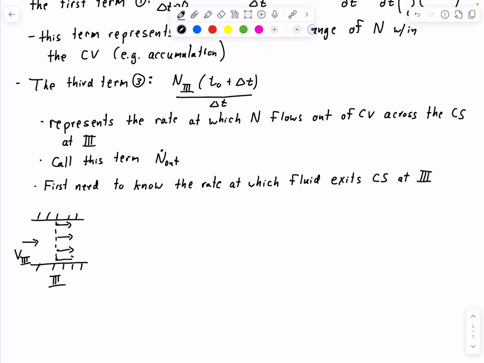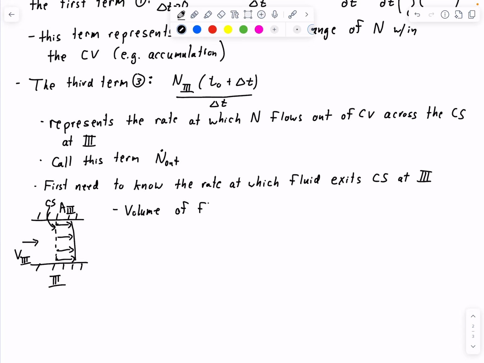So we have this uniform flow profile across the channel, and it's exiting across some area which we'll call A3. Okay, so we can look at the volume of fluid which is crossing this control surface. Again, your control surface is this dotted line right here.